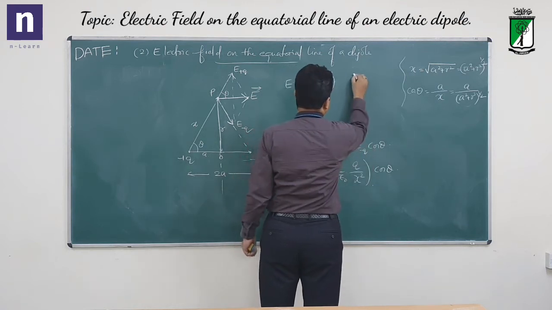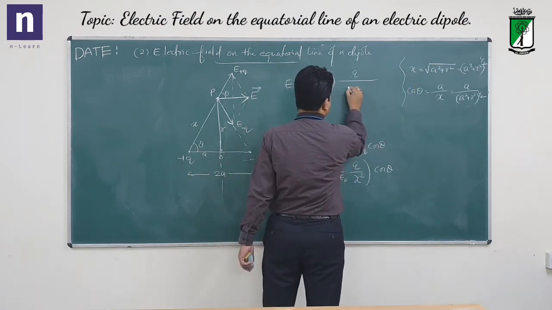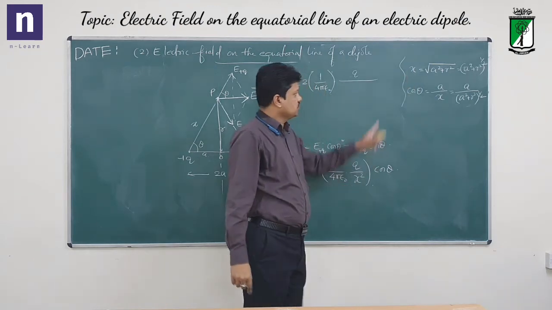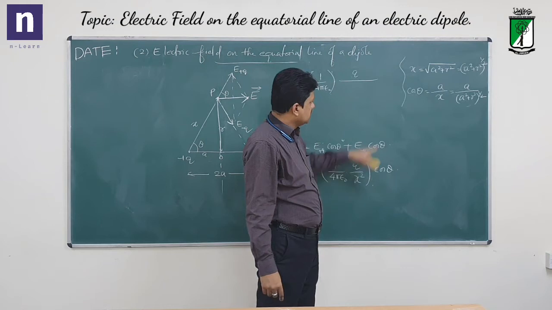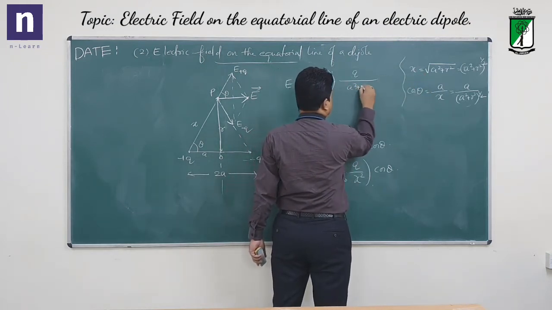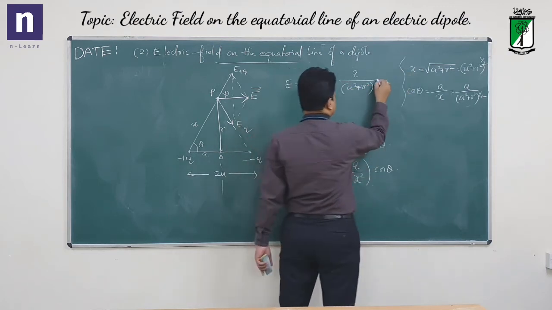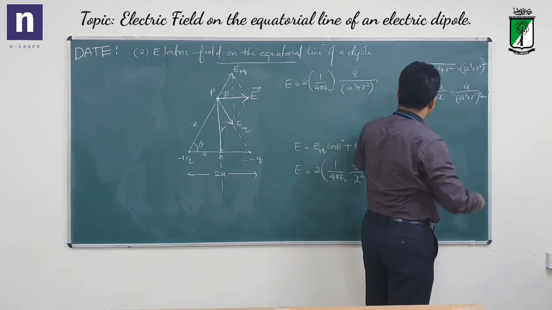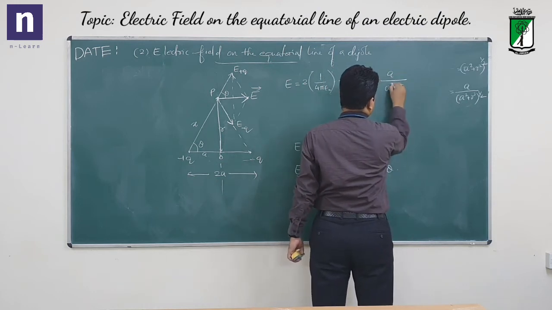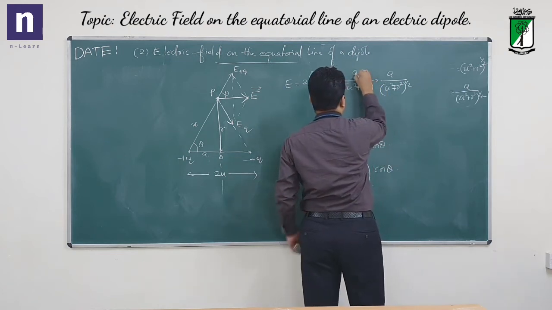Now x square, x is the whole square root of a square plus r square, so the half and the square get cancelled. So x square is nothing but a square plus r square power half, and the square gets cancelled, whereas cos theta is a divided by a square plus r square power half. So this is Q.